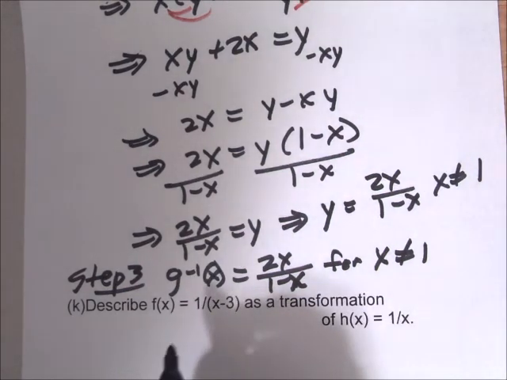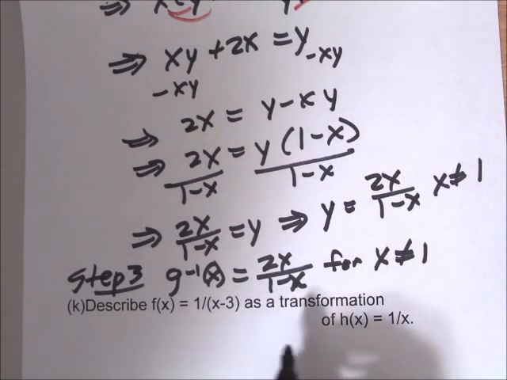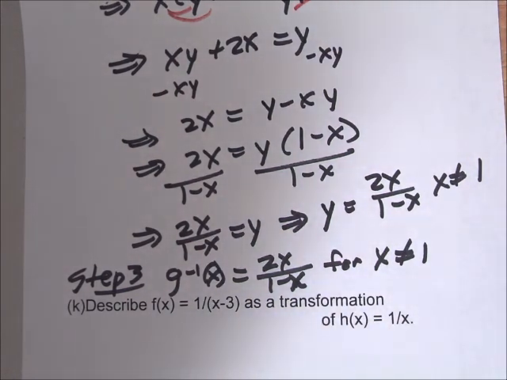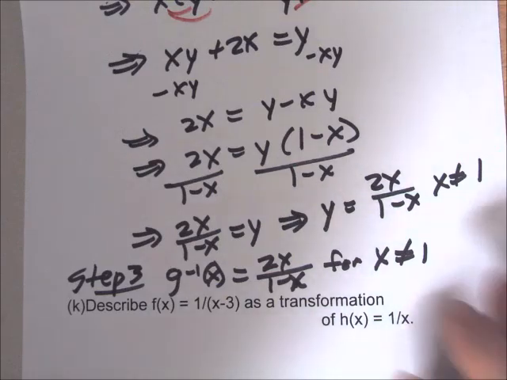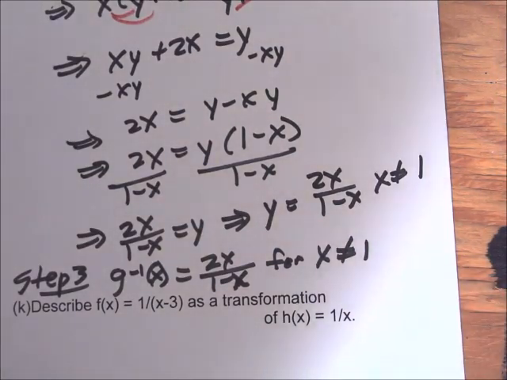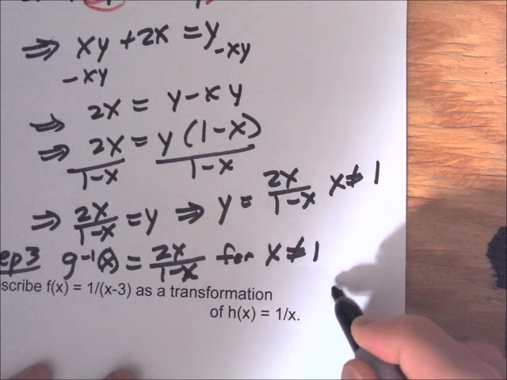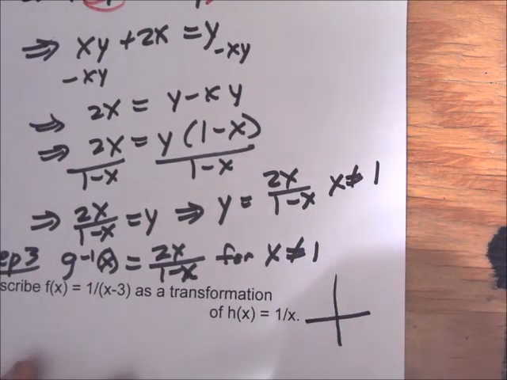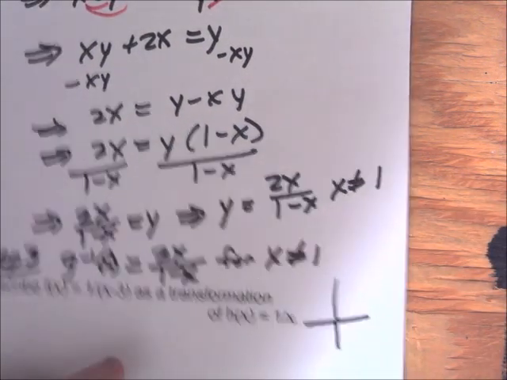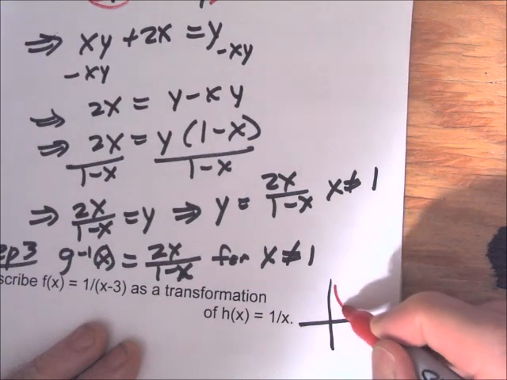Describe f of x equals 1 over x minus 3 as a transformation of h of x equals 1 over x. We may recall that the shape here is a hyperbola, with the center at 0, 0. Shape something like this.